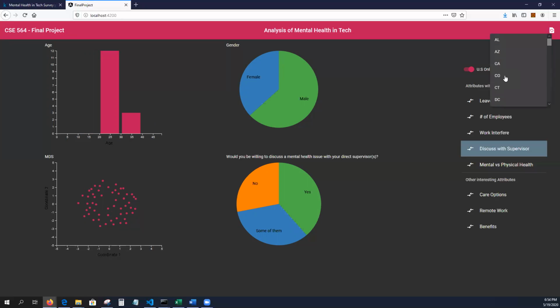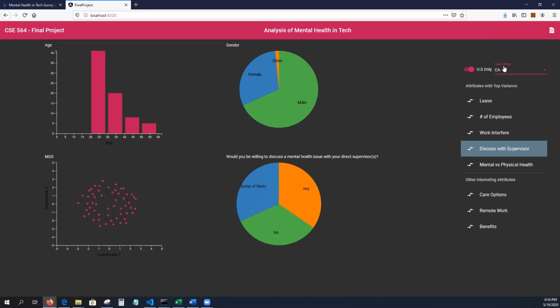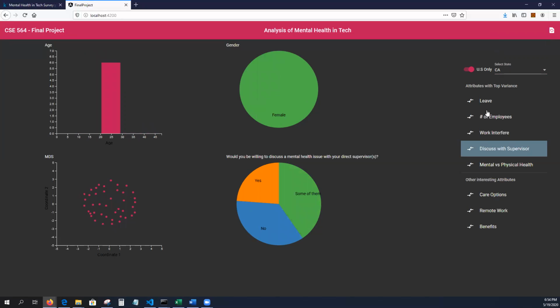One good thing that I would like to show is when I pick a state like California and I filter on female, I can see that some of them are ready to discuss, some say no while some say yes.